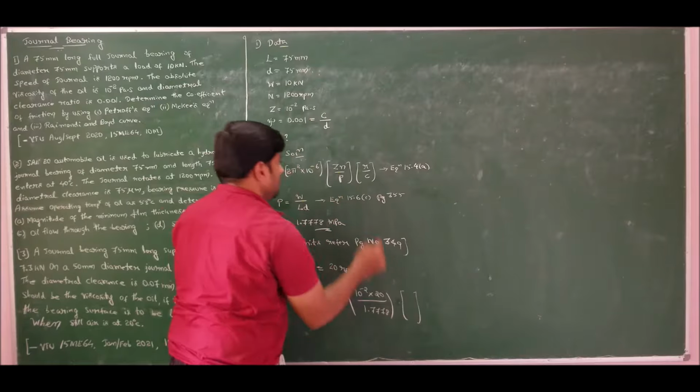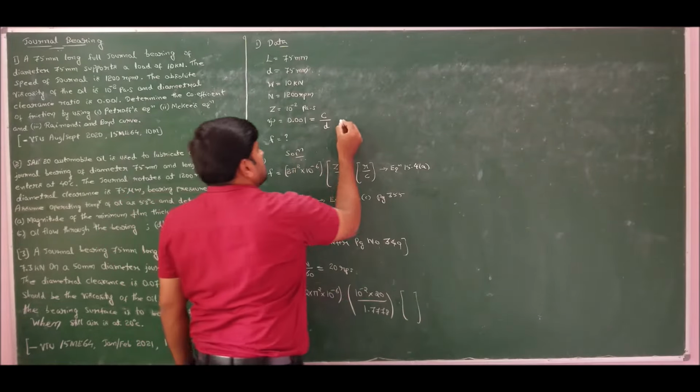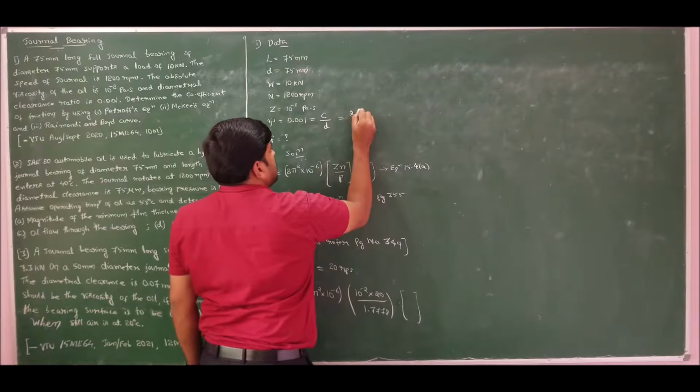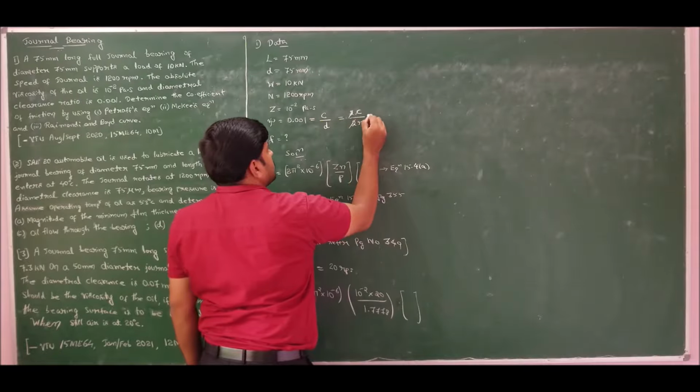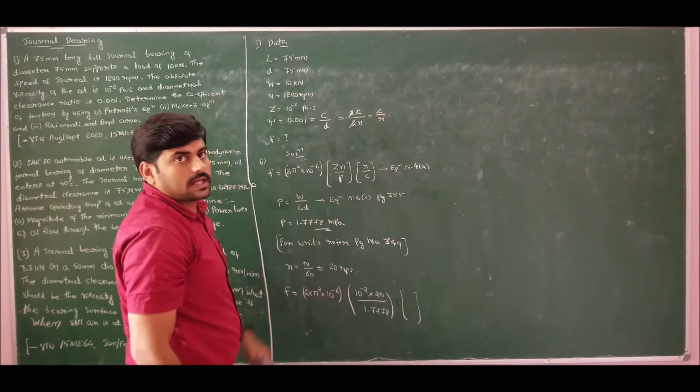R by c is nothing but capital C by D, both are the same. This is because the diametrical clearance is 2 times the radial clearance, and the diameter is 2 times the radius. So this is nothing but radial clearance by radius. Hope the concept is clear.